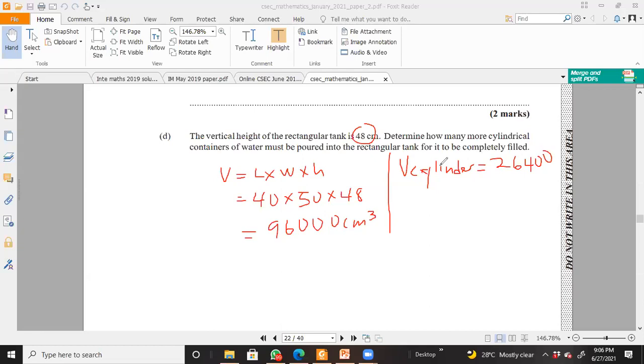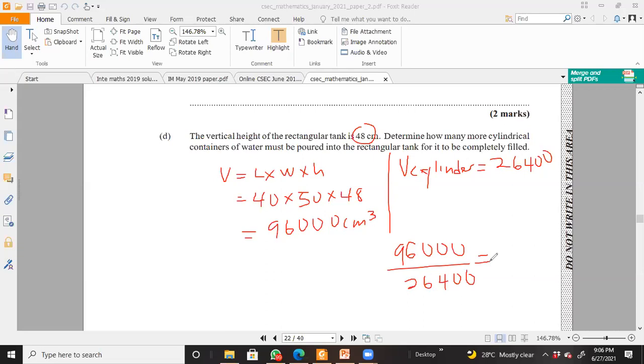So go and divide. We are going to divide 96,000 by 26,400. Let me see what you get. 3.636363. 3.63.